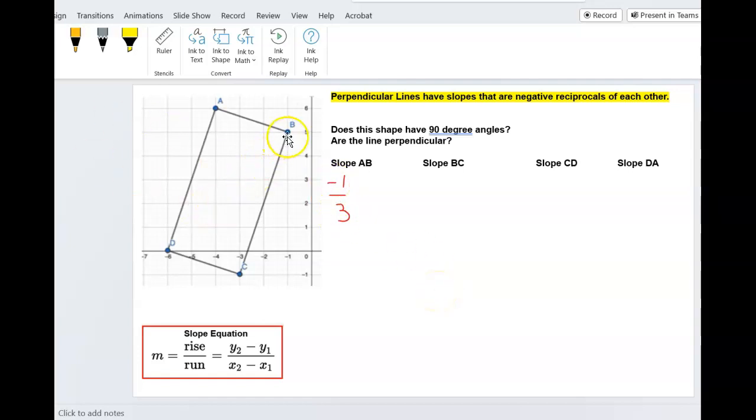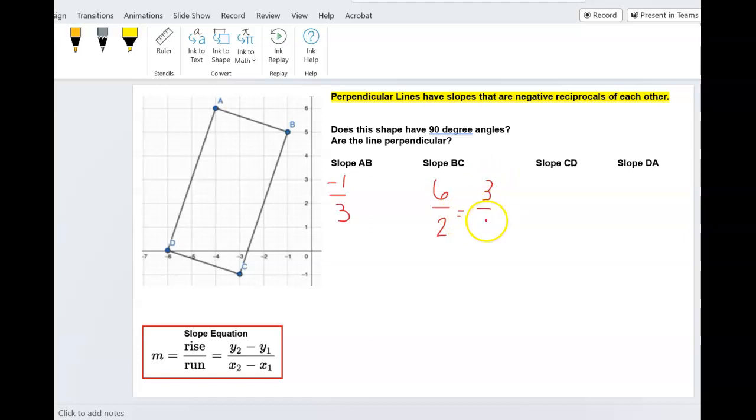Next, I'm going to look at BC. So I'm going to count that one. I have 1, 2, 3, 4, 5, 6 over 2. So I have 6 over 2, which simplifies to 3 over 1.